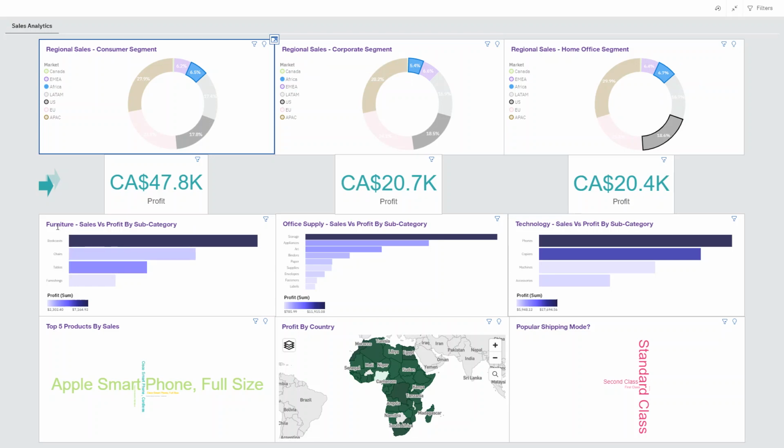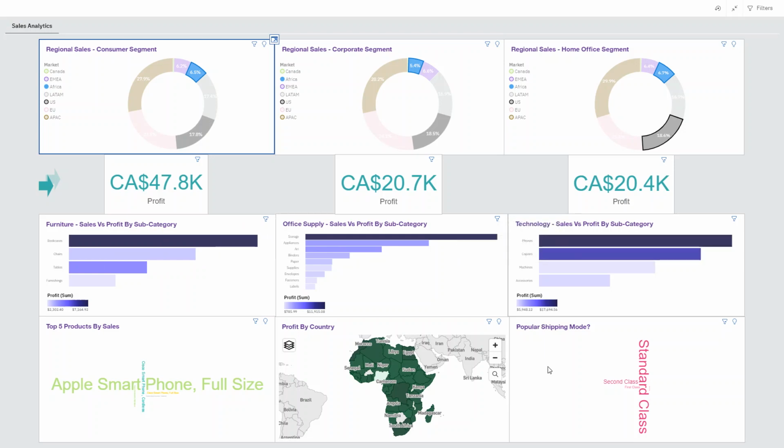And for the furniture category, you can see that most of the sales for furniture are on bookcases, and it also happens to be bringing in more profit as well. Office supplies pretty much the same. The storage is bringing in more sales and more profits. And for technology, we have the phones bringing in more sales and more profit as well.